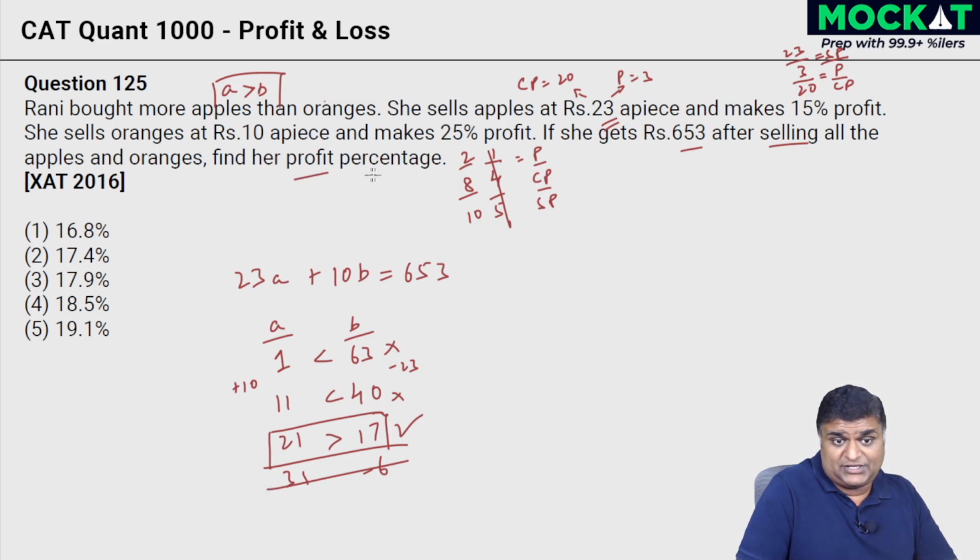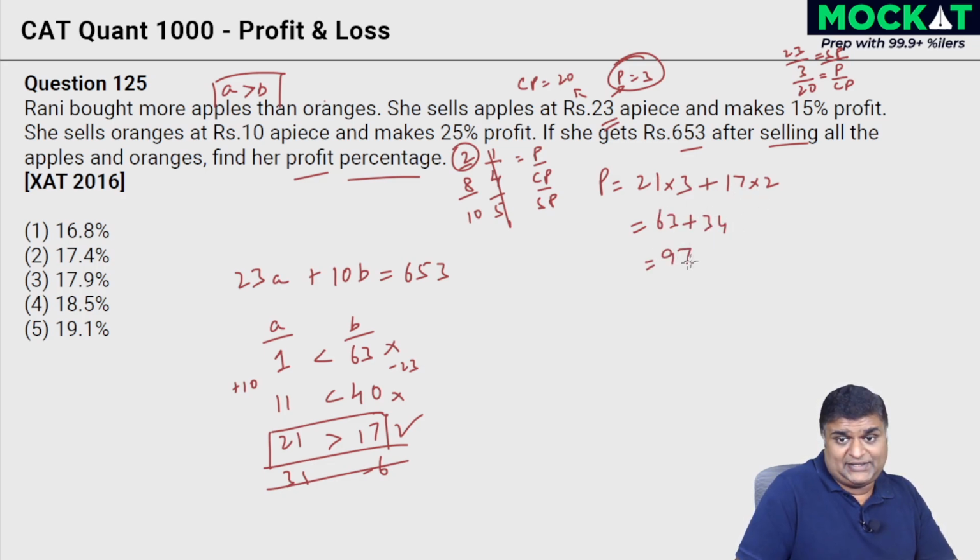Now the question asked is, what is the profit percentage? Profit is the percentage of the cost price always. So profit over here is nothing but 21 kgs of apples at profit of 3 per kg plus 17 into 2 per kg for oranges, and that's coming to 63 plus 34, which is 97.